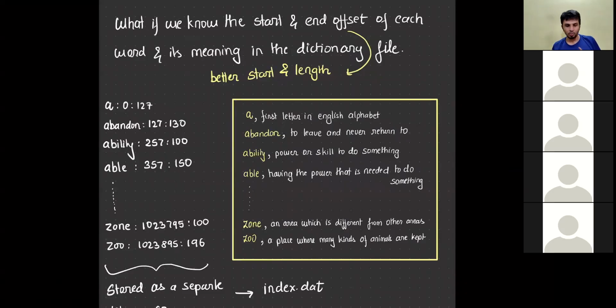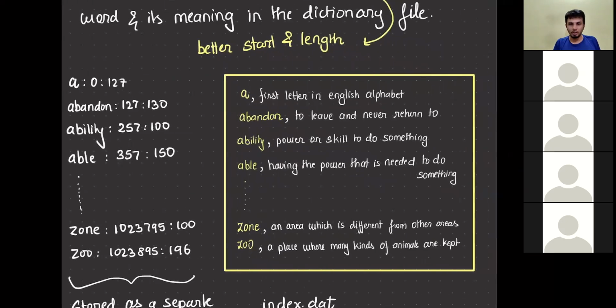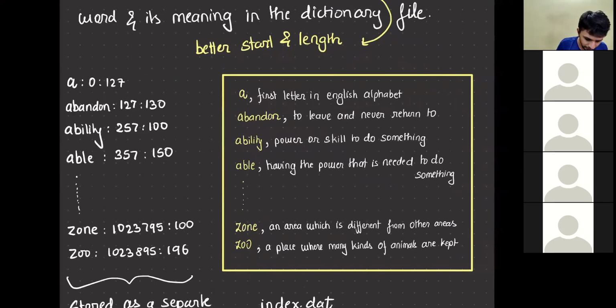Similar to what MySQL does, what if we know the start and the end offset of each word and its meaning in the dictionary file? Let's say you have a massive file words.txt. We store this information: the word A starts from 0 and has length 127.